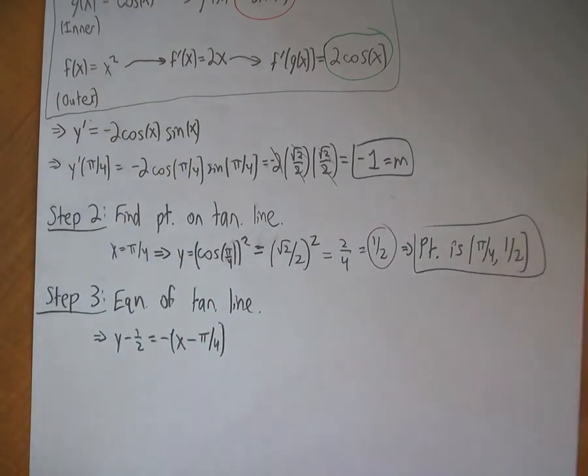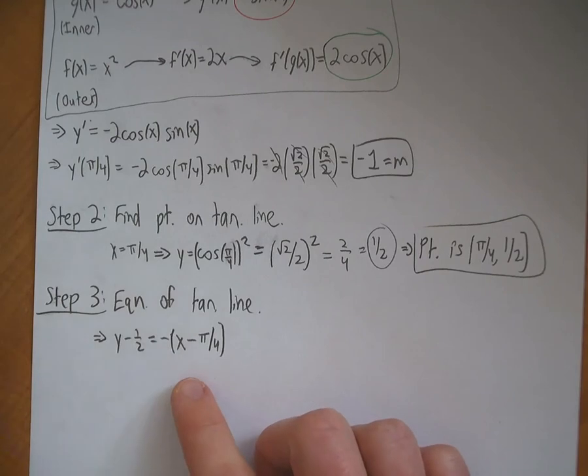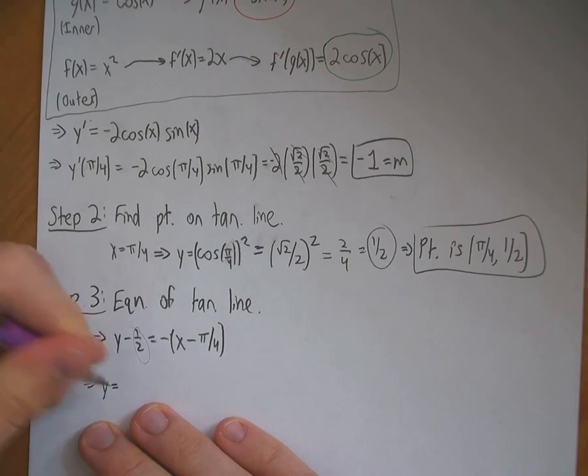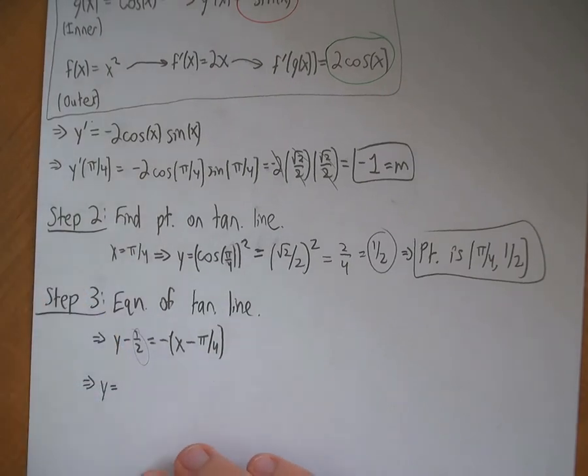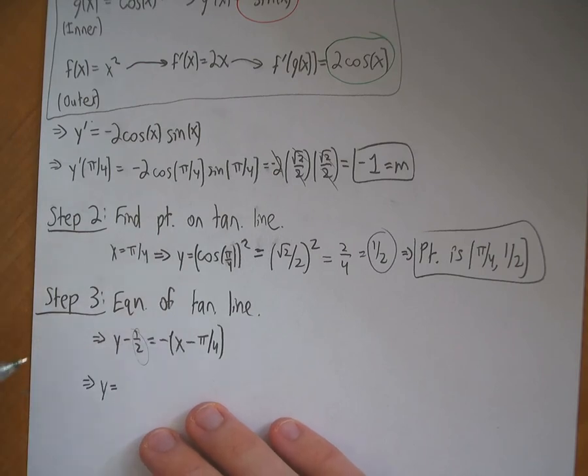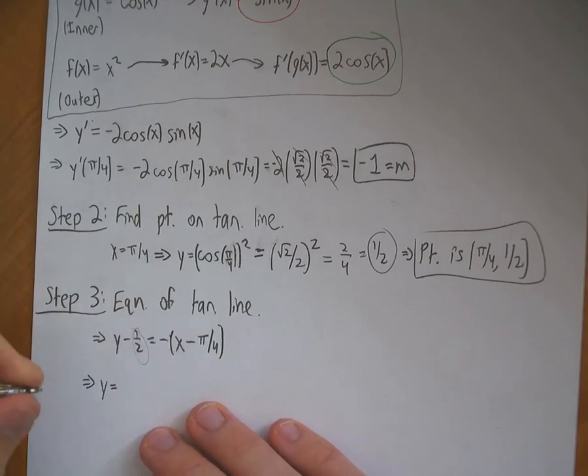So if you distribute the negative 1 and bring the 1/2 over to the other side, that should net you not just the point-slope form, but the actual equation of the tangent line.